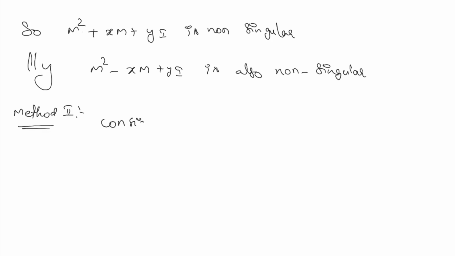Consider the polynomial x square plus or minus x capital X plus y. Whenever we have to look at the zeros of this polynomial, as we can see, this is a quadratic expression.